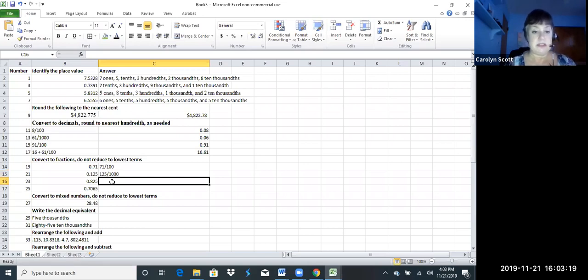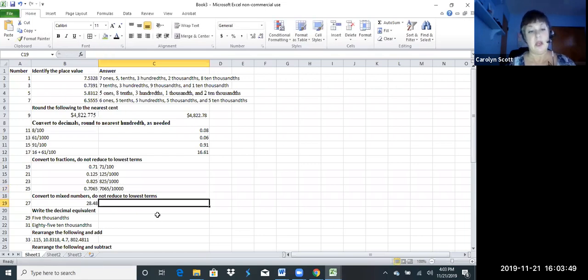We've gone to this thousandths place, so 825 over 1000. Now we have 0.0065, which takes us into the 10,000th place, and that looks like 65 over 10,000. And although many of these are divisible by 5, we're not going to reduce these to the lowest terms.